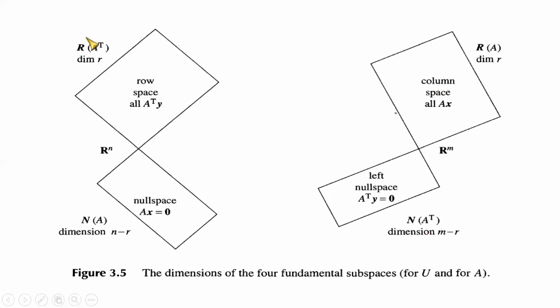The symbols for the different things: this is the row space, which we generally call C(A^T), and this is C(A), the column space of A. This is the null space of A, N(A), and this is the null subspace N(A^T). So the row space and the null space are orthogonal to each other, and the column space and the left null space are orthogonal to each other.